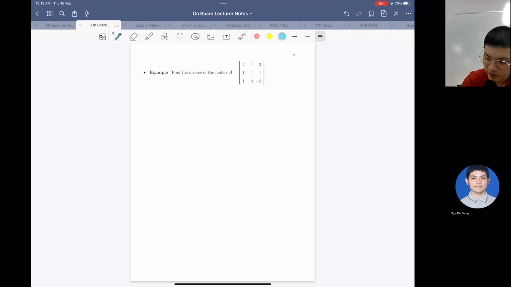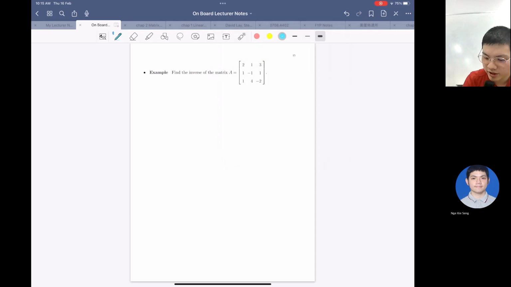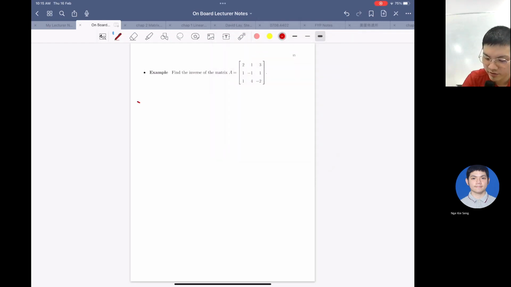So let's not use cofactor expansion to compute it. Let me show you another way to compute this using elementary matrices. My idea is to quickly reduce it to a triangular matrix first.